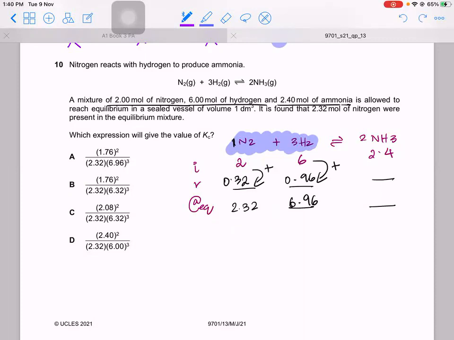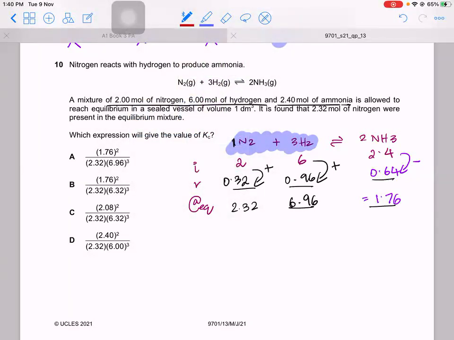Now this is in the ratio of 1:2. So if this was 0.32, this will be 0.32 times 2. So 0.32 times 2 is 0.64. And you know this minus this will be the amount at equilibrium. So 2.4 minus 0.64, that is 1.76. Clear? Now, let's see what your answer is.